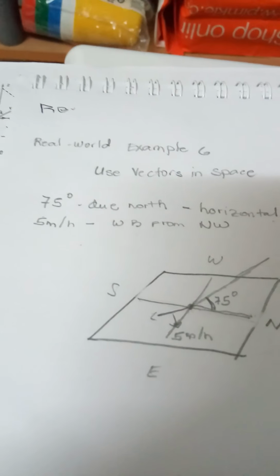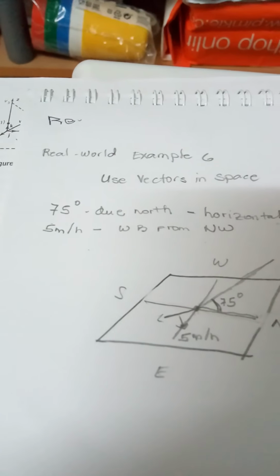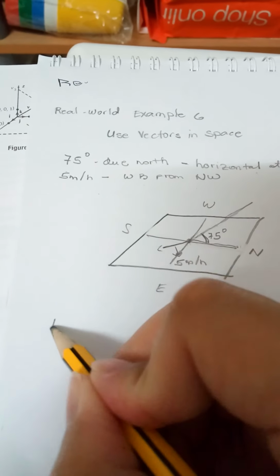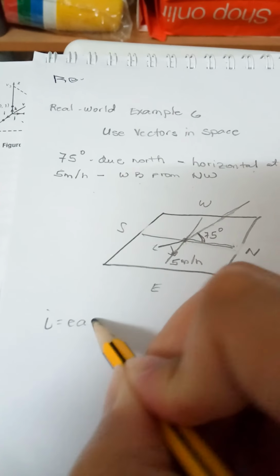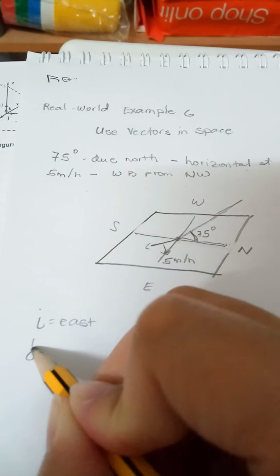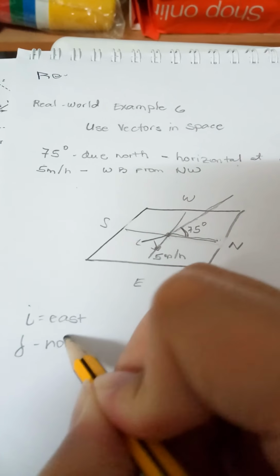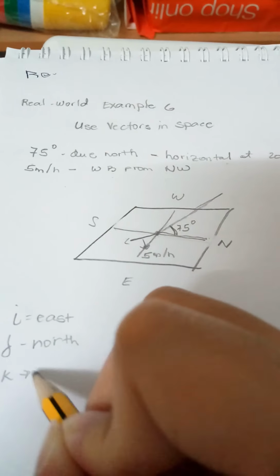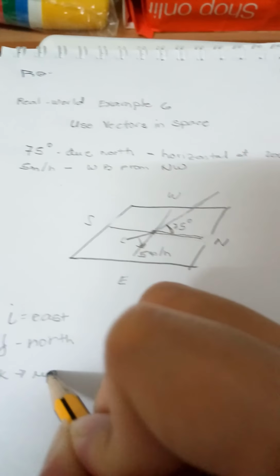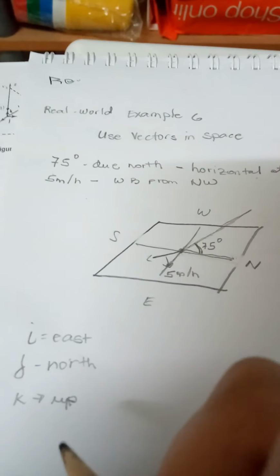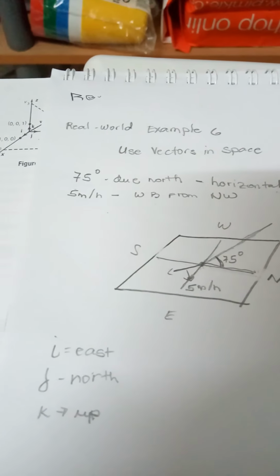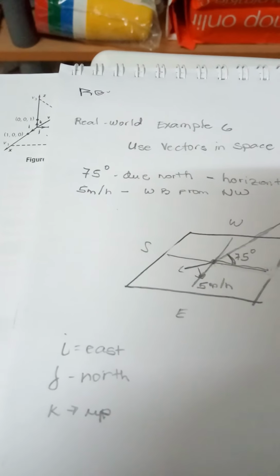Now let us indicate that i is for east, j is for north, and k is for up. This vector is representing the rocket's velocity, and vector W represents the wind.